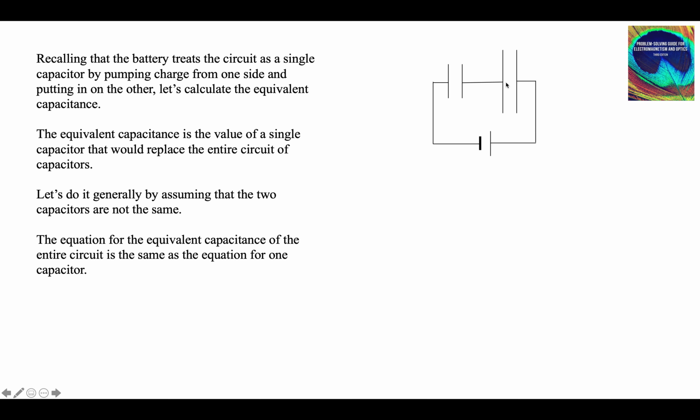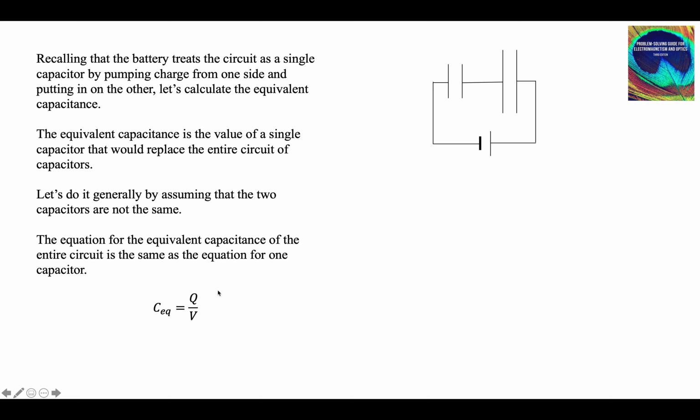Think about that. I have a battery connected in series with a small capacitor and a big capacitor. Which capacitor gets more charge? If you said they're different, go back to the last slide. They have to be the same. The battery pulls electrons from here and puts them over here.